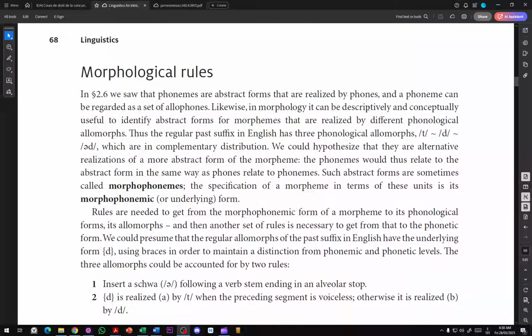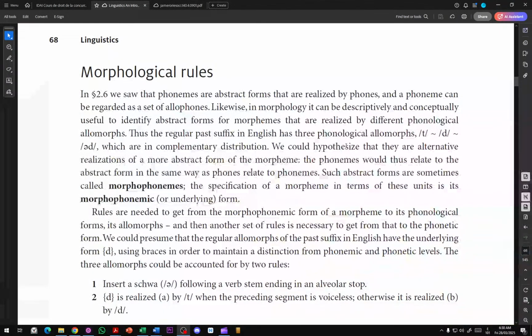Likewise, in morphology, it can be descriptively and conceptually useful to identify abstract forms for morphemes that are realized by different phonological allomorphs. Thus, the regular past suffix in English has three phonological allomorphs, t, d, and ed, which are in complementary distribution.